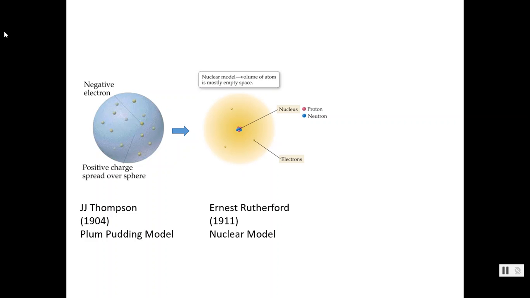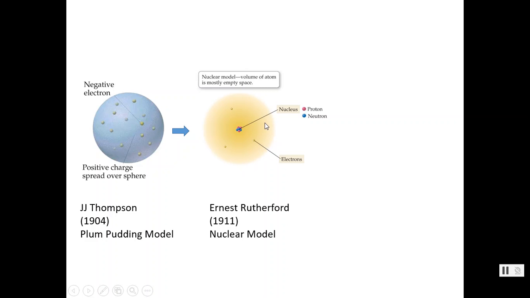In J.J. Thomson's model, those electrons are stuck within the positive charge of the atom. But in the nuclear model of the atom, we have a dense core of protons and neutrons called the nucleus, and those electrons are just kind of hanging around outside of the nucleus. And the majority of the atom is empty space.